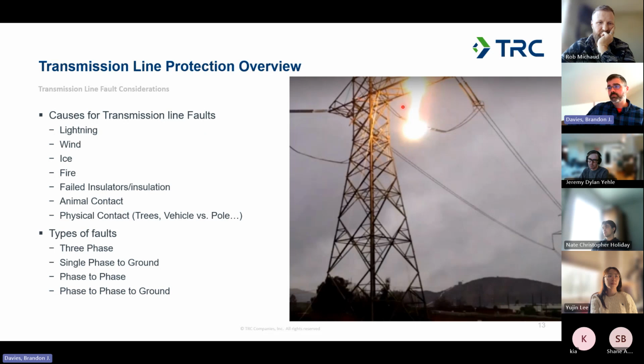Those are really the distinct types we're looking for. As protection engineers, we have to understand the differences between those and the types of schemes we would apply to protect against them.